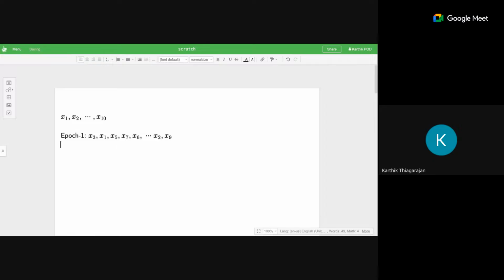So this is epoch 1. Epoch 2 might have x1, x2 itself, right? So it can happen. In that way, all the 10 points will be represented in a shuffled way. Passing through all the 10 data points makes it 1 epoch. Okay, sir. Thank you.